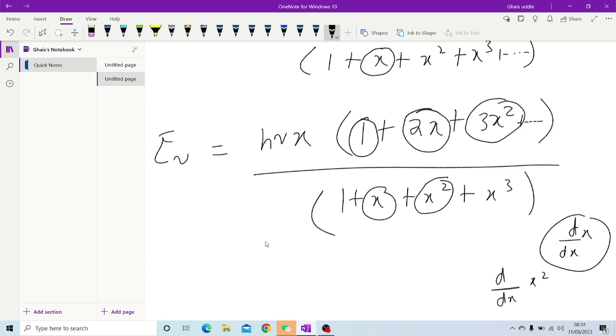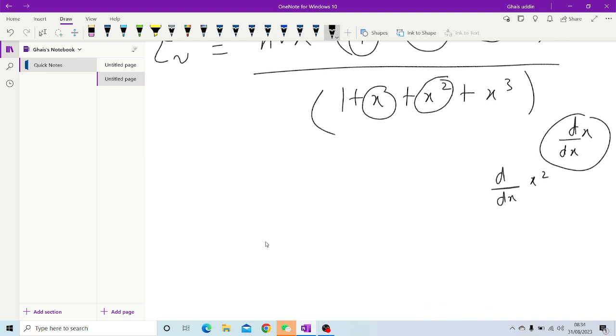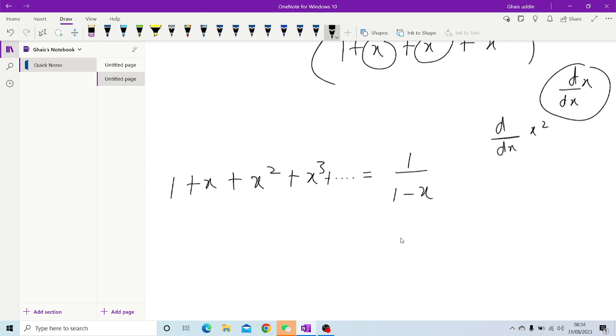So I can now expand this series, like I can say that 1 plus x square plus x cube and so on, if I write that this is equal to 1 divided by 1 minus x, this is also true, because if I use 1 in x, this is 1 minus 1, and 1 minus 1 is 0, so this can become 1.